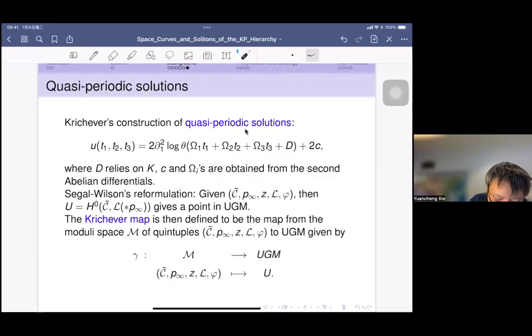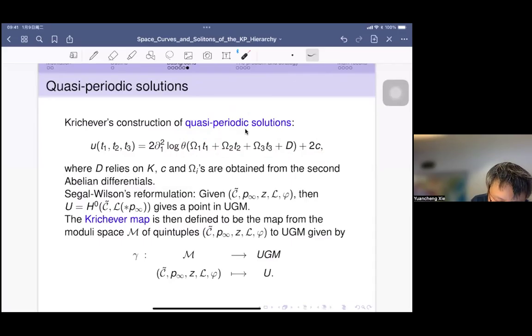As you can see, the Riemann theta function takes the place of the tau function exactly, because the general solution of KP is this, 2 times the second partial derivative with respect to t_1 of log tau, plus this constant. And this is a theta function with some quadratic form in t_i, t_j and q_ij, and you get this constant. In any case, this theta function is in some sense a tau function for the KP hierarchy.